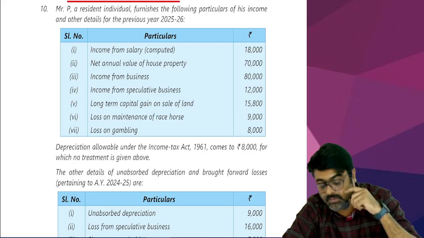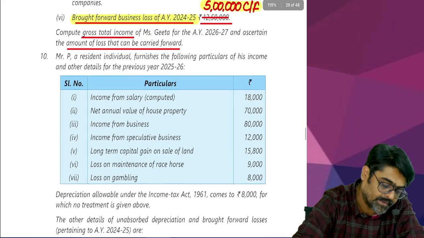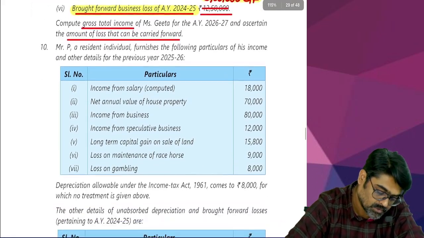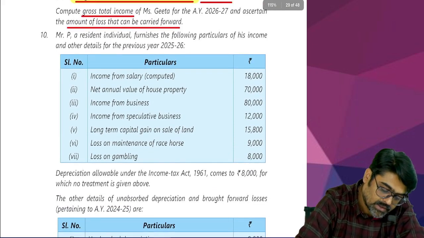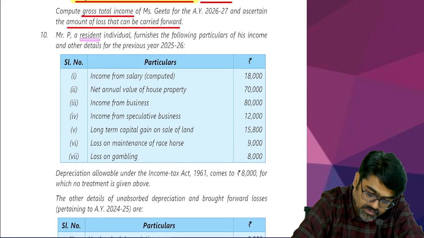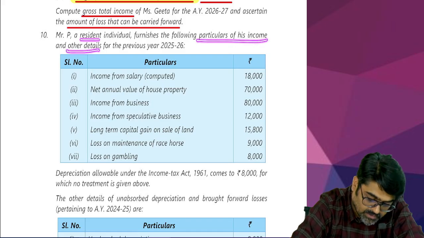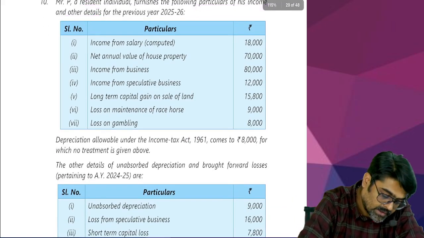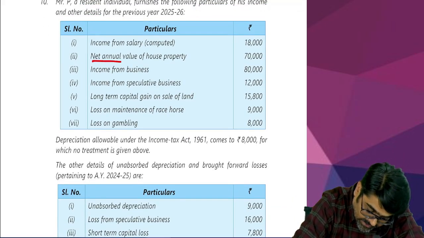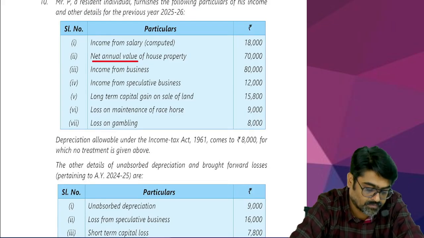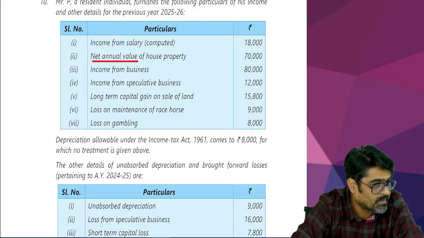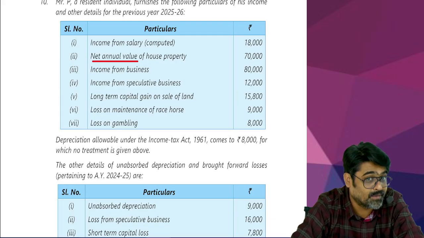Done, sir. Come to question number 10. Mr. P, a resident individual, furnishes the following particulars of his income and other details. Income from salary, and see, the net annual value of house property they have given, NAV. See how smart they are. They have not given you the house property income directly.